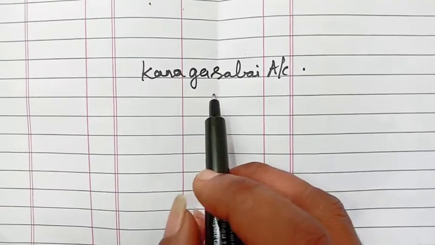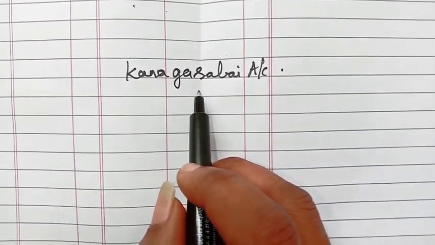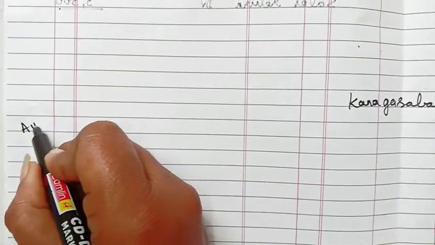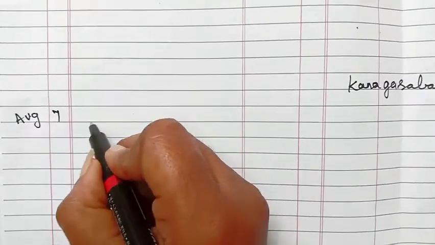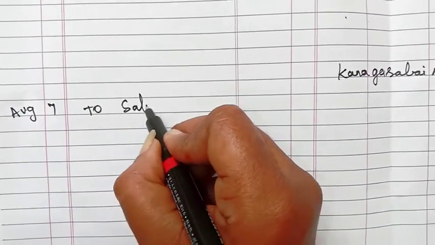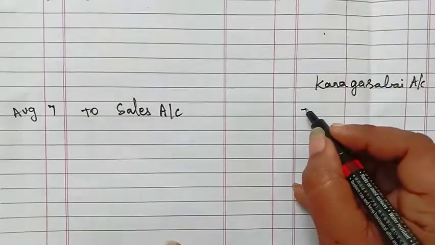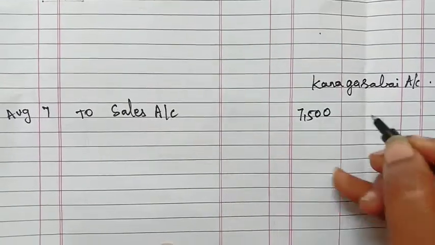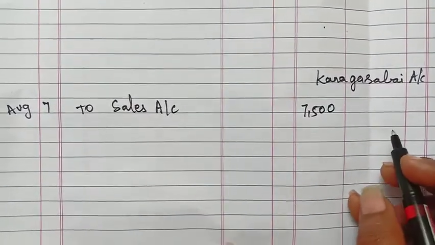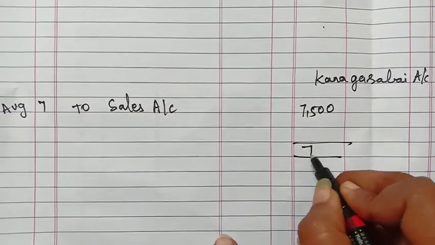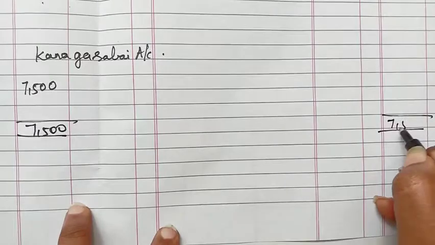That's all. So we'll continue with the Kanaga Sabai account. Come to the debit side. August 7, we'll write to sales account. In the amount column we'll write 7,500. For Kanaga Sabai there is no sales return. We'll close the account here. It has 7,500. This side also we'll write 7,500.